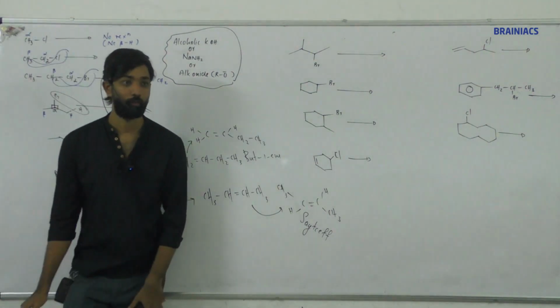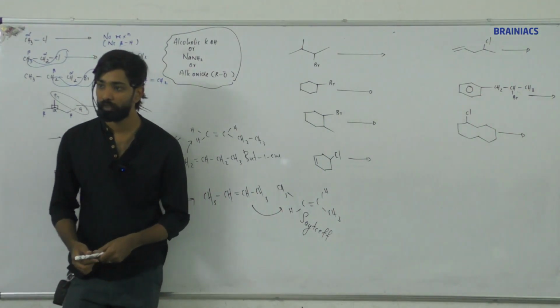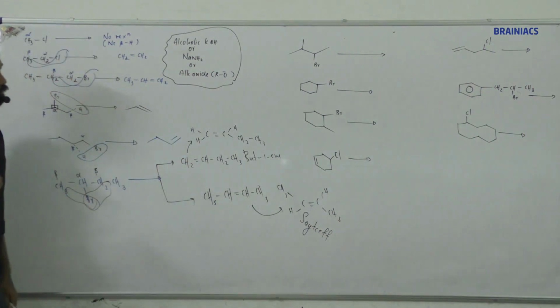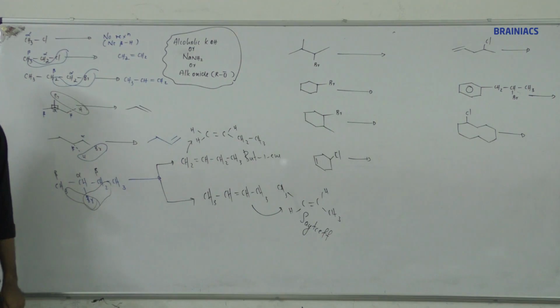And you know the rule: more substituted alkene will be major. More substituted alkene means, listen here, substitution is not the criterion. More stable alkene will be the major product. That is the actual idea of Saytzeff's rule.